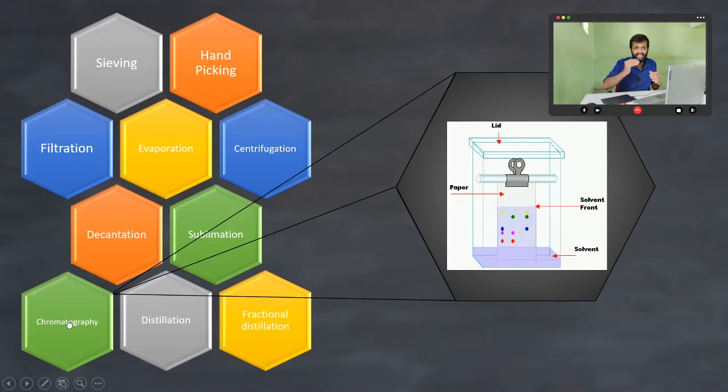It moves up in that entire process, right? So that's called chromatography. So you have a solvent, that is my ink water, I can say, and I'm dipping a piece of paper.